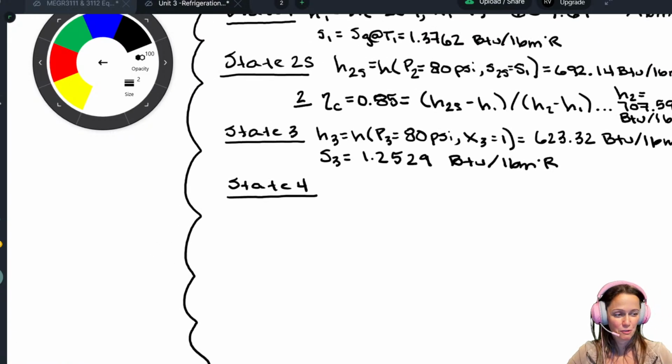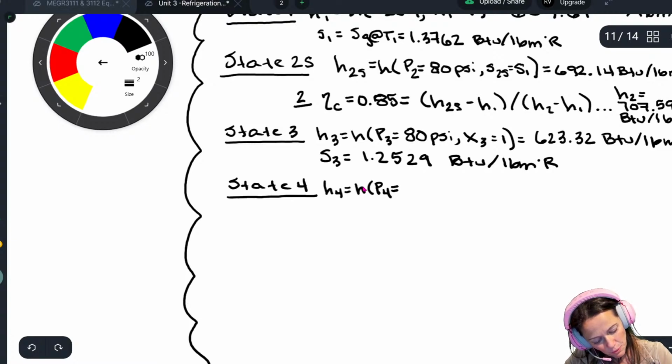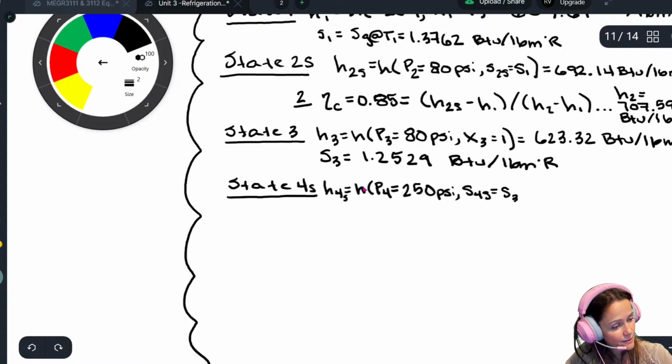I think mostly everybody's tuning in via Zoom. All right, so H4. P4 is 250 psi, so this is state 4S, 250 psi and an S4S equal to S3.